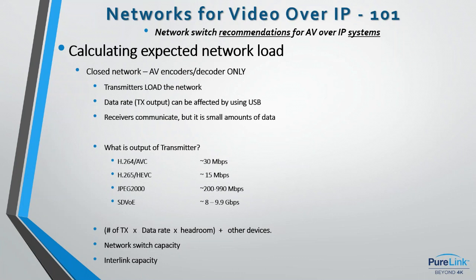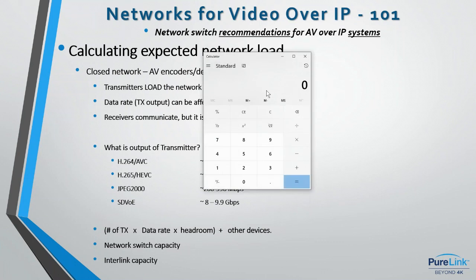And then the interlink capacity. Again, this is simple math, but if I want to transport a certain amount of data streams from one switch to another, I need to make sure that the interlink covers that entire requirement. Let me give you a quick example.